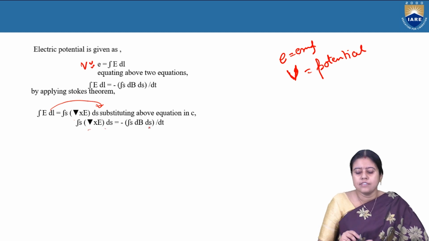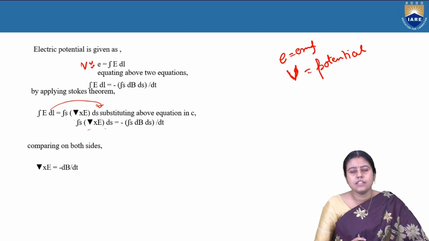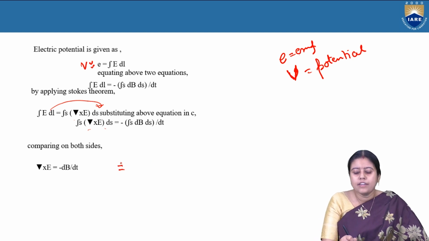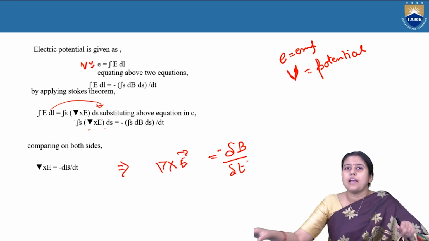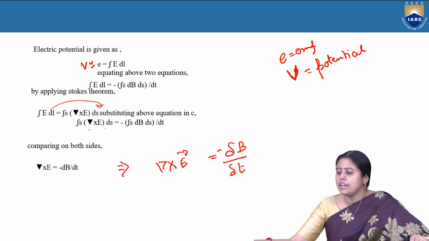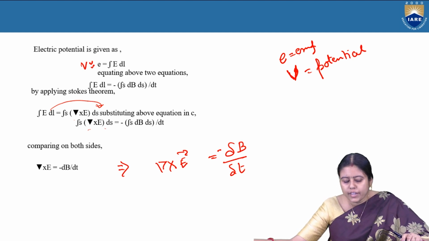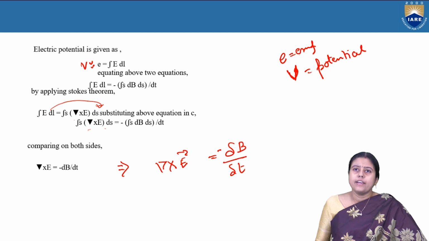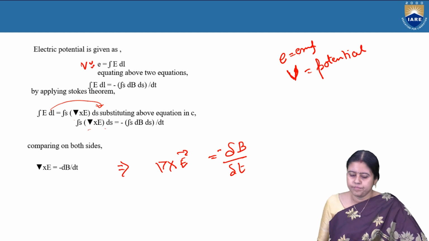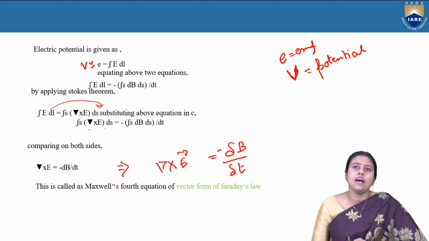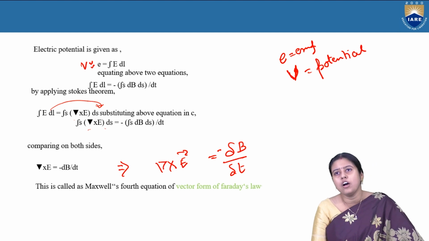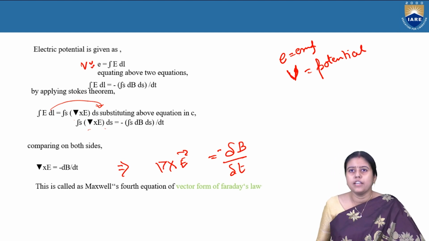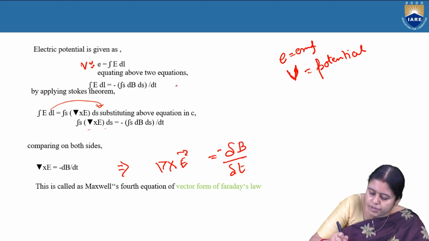If both sides have ds, we can write grad cross E is equal to minus dB by dt, and it can be written as grad cross E is equal to minus del B by del t, because B is a three-dimensional quantity. These equations are known as the vector form of Maxwell's fourth equation, or the vector form of Faraday's law, or Maxwell's equation in the point form.